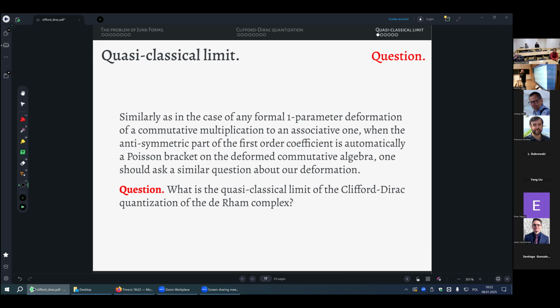I couldn't find the reference. If you have a one parameter deformation of a commutative multiplication to something associative, the first order coefficient after anti-symmetrization, which means the anti-symmetric part of this coefficient, is always a Poisson structure. I would be very grateful if you could cite me the source of this, because apparently everybody knows this.